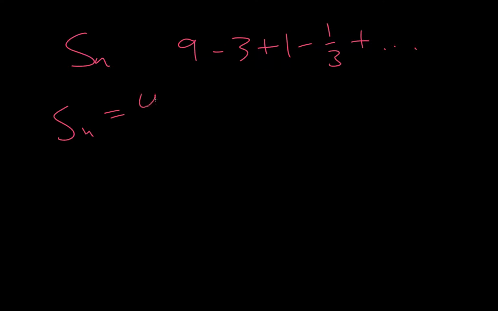Okay, now we're moving on to example 29. Find a formula for Sn, the sum of the first n terms of the series 9 minus 3 plus 1 minus 1/3 plus ... So I'm going to just write our S sub n formula down, or one of them. You could use either one. We're going to plug in some values for this. So u1 is our first term, so that's 9.